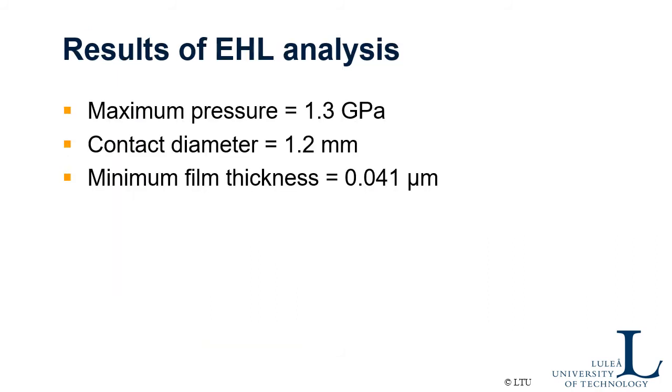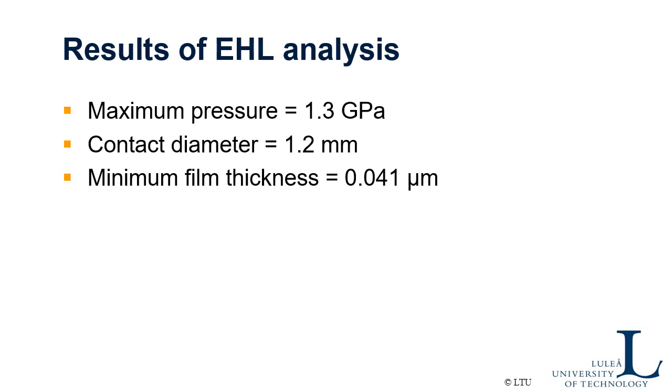So putting the numbers into the equation, first solving the Hertz problem. Please check the contact mechanics video for that. Then we find out that the maximum pressure is something like 1.3 gigapascals. We see that the contact diameter is 1.2 millimeters, and we can compute the minimum film thickness to 0.041 micrometers. So in this case, it's only 41 nanometers.